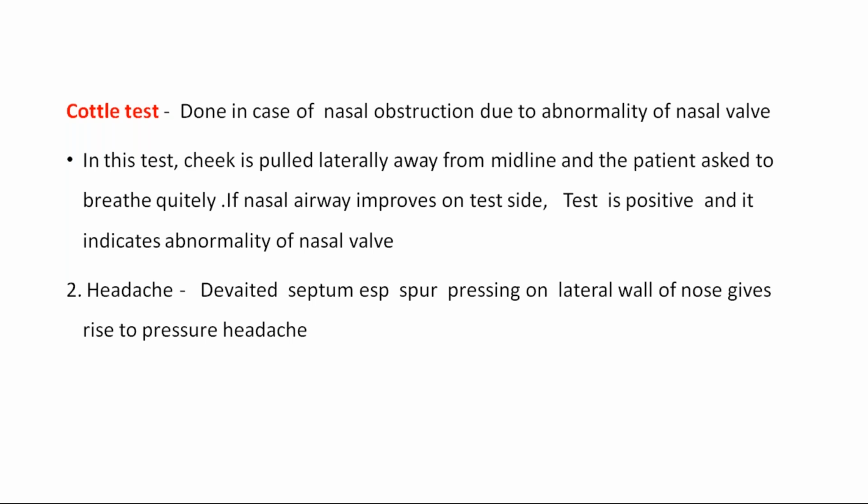Here again, two things come. There may be a static obstruction, or there may be a dynamic obstruction. I'll give you one example. A patient who has a very pliant ala of the nose. Normally if you press on the cartilage of the ala, it bounces back. But in some persons, the ala is very poorly developed.